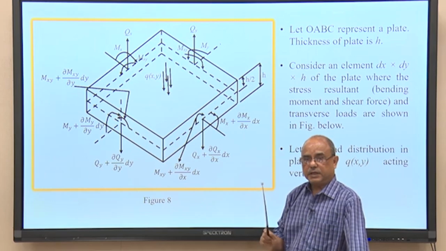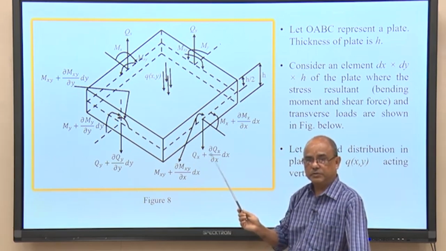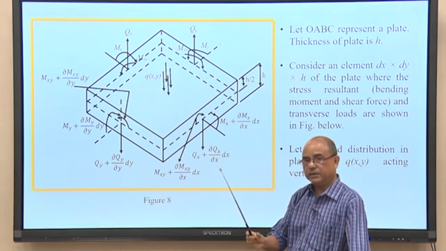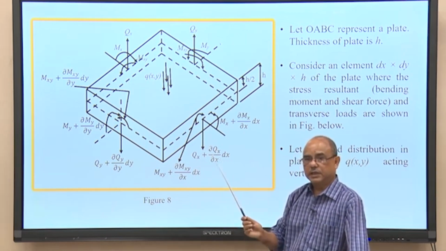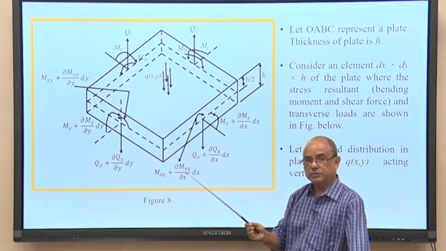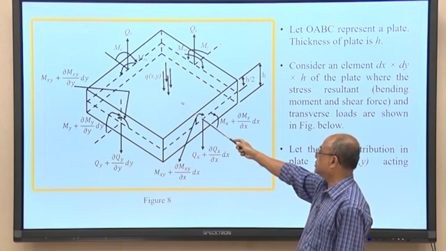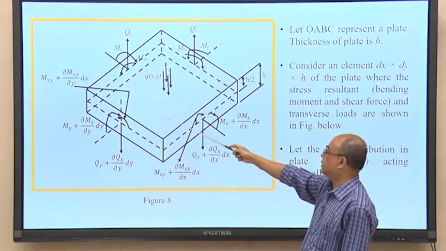That means q is not discontinuous for deriving the equation of equilibrium; we take it as distributed throughout the plate. When a concentrated load comes, of course, this equation cannot be used directly; we have to treat that separately. So, it has continuous distribution, which means this function is differentiable.